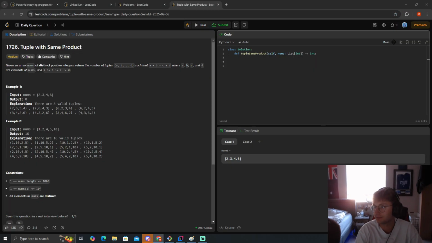How many permutations of 4 numbers? Try to think.